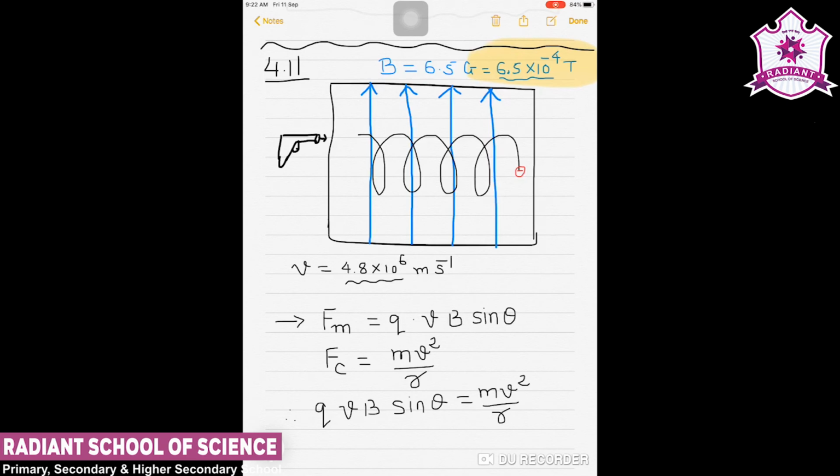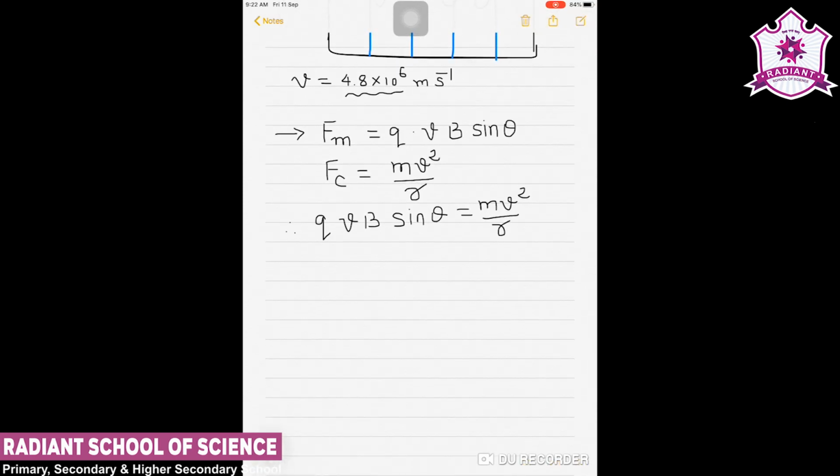Now if we make r the subject, we get r is equal to mv squared over qvB sin theta. Here theta is 90.